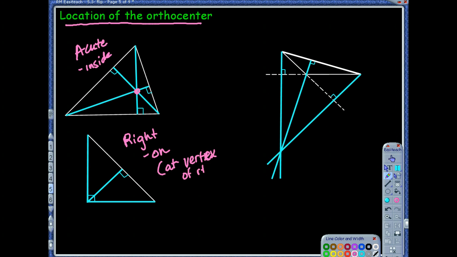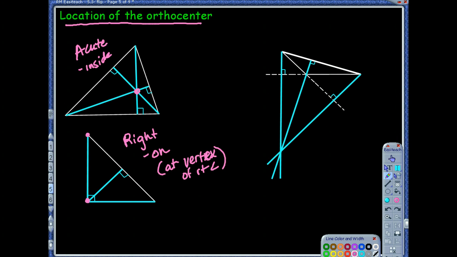The reason is that when you draw in the altitudes, the blue segments here, from a vertex to the opposite side and perpendicular, it ends up being one of the sides, a leg of that right triangle. And the same here, this also ends up being a leg of the right triangle. The only altitude that actually goes inside is the one from the vertex of the right angle to the other side, to that hypotenuse.